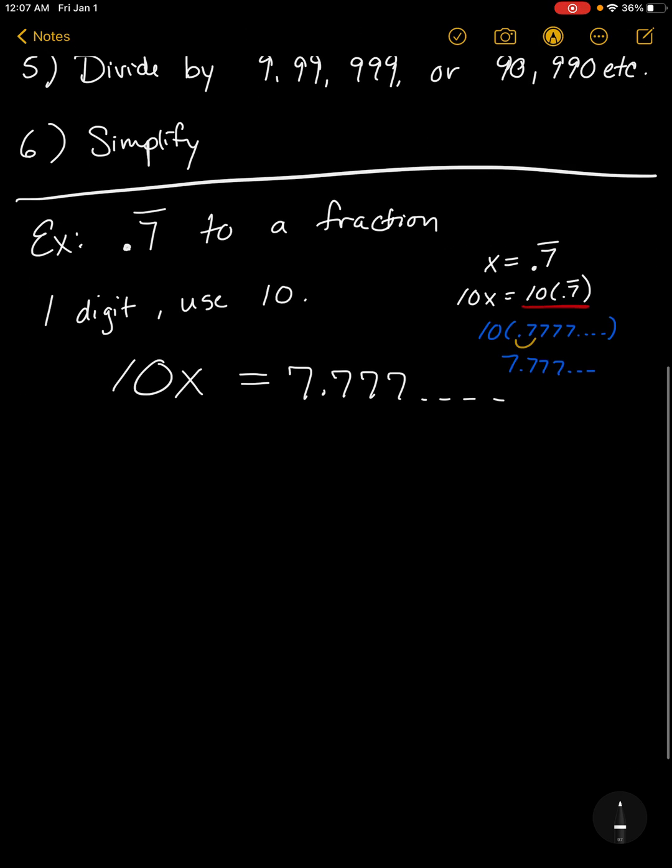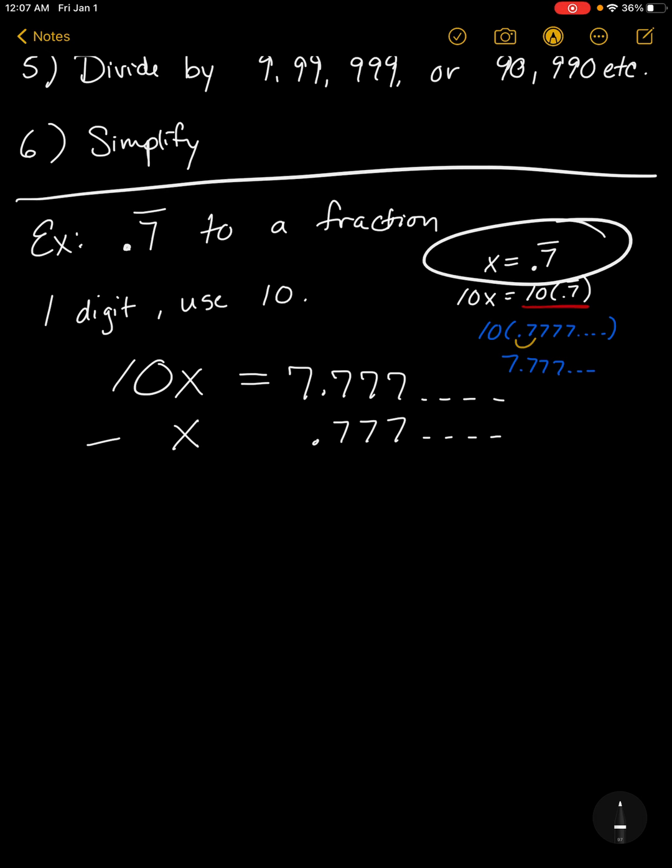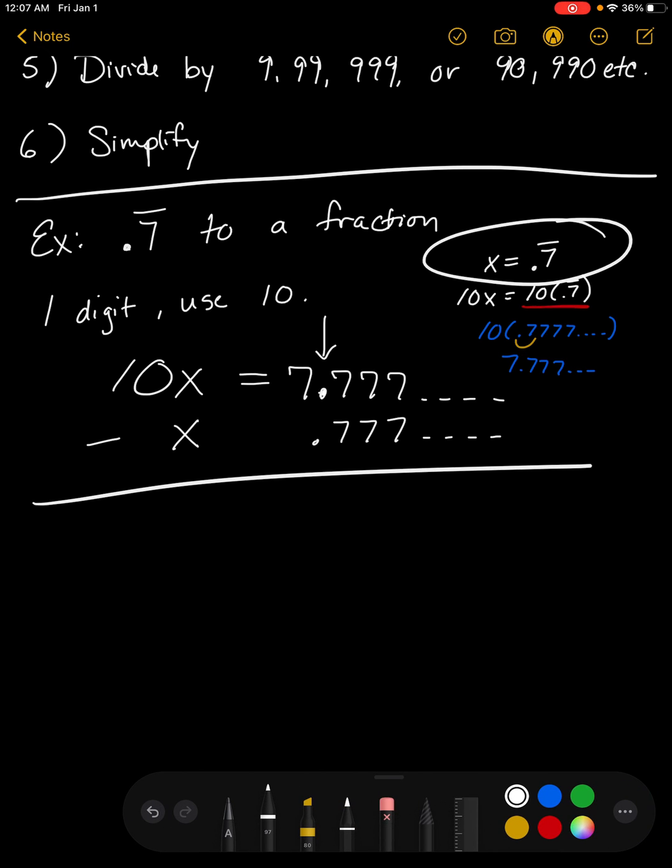All right, so number 4, subtract 1x on both sides. So 1x minus 1x here. But I also have to subtract 1x on the other side, but you have to go back. 1x is actually the decimal they gave you in the very beginning. So you're actually going to subtract 0.7 repeating from 7.7 repeating. And so when you subtract decimals, remember you have to line up the decimals, and then you have to just subtract straight down.